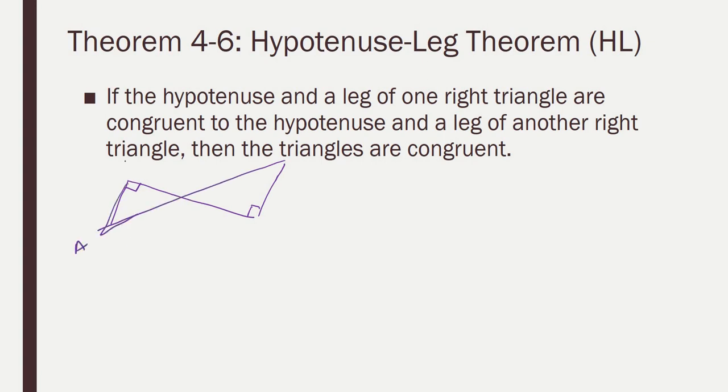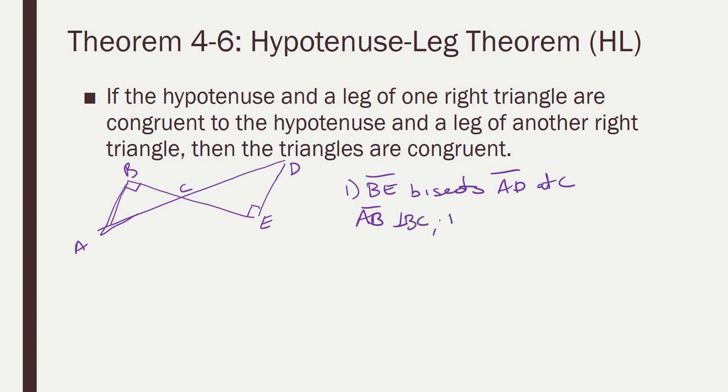I'm going to call this A, B, C, D, E. We are given that BE bisects AD at letter C. We are also told that AB is perpendicular to BC and DE is perpendicular to EC.